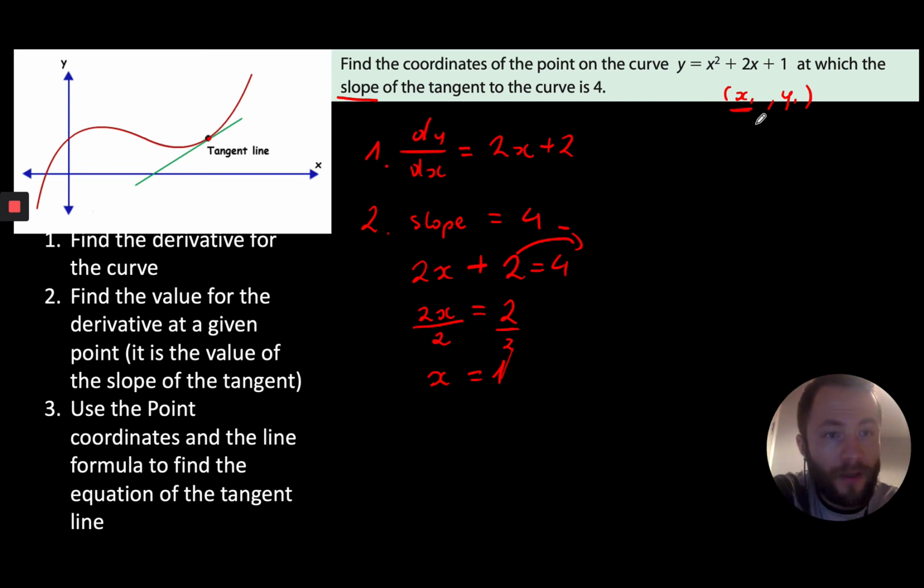Okay, so this number x will be equal to 1. And for every number x, this curve gives me a y number. So for x equal to 1, I will have some number coming out from this curve. So step 3, find the y coordinate.